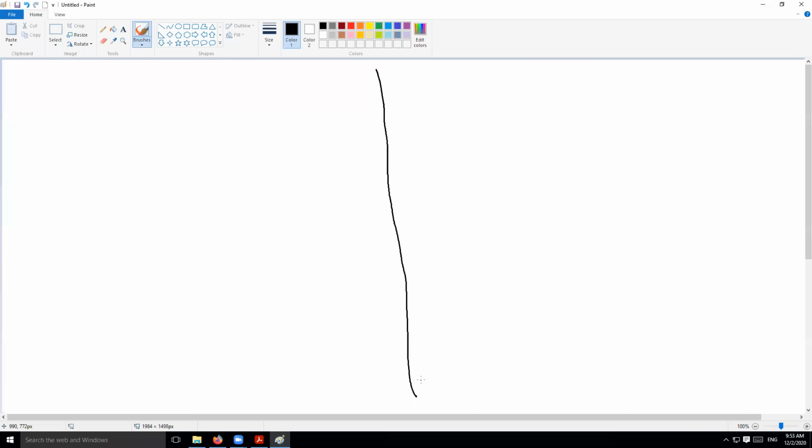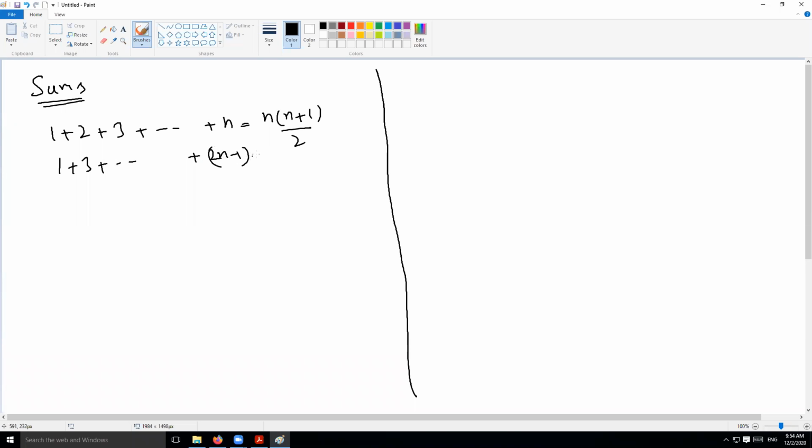But before that, there are some important sums that you should always keep in mind: 1 plus 2 plus 3 and so on up to n is equal to n times n plus 1 over 2, and 1 plus 3 plus 5 plus up to 2n minus 1 is going to be n square.